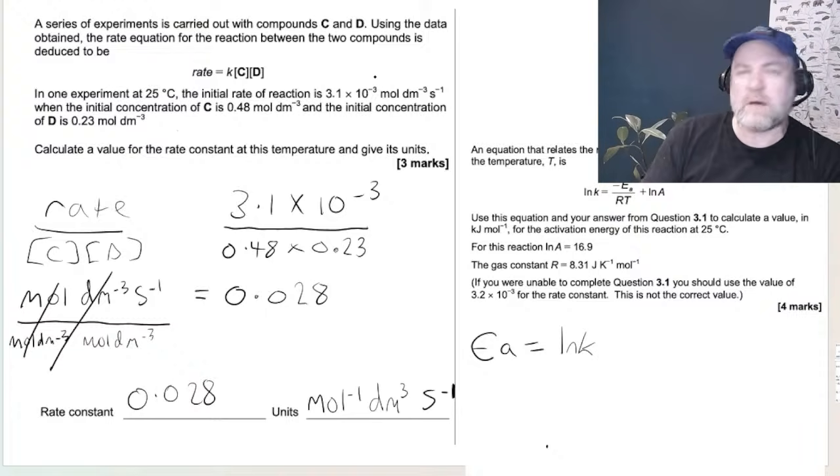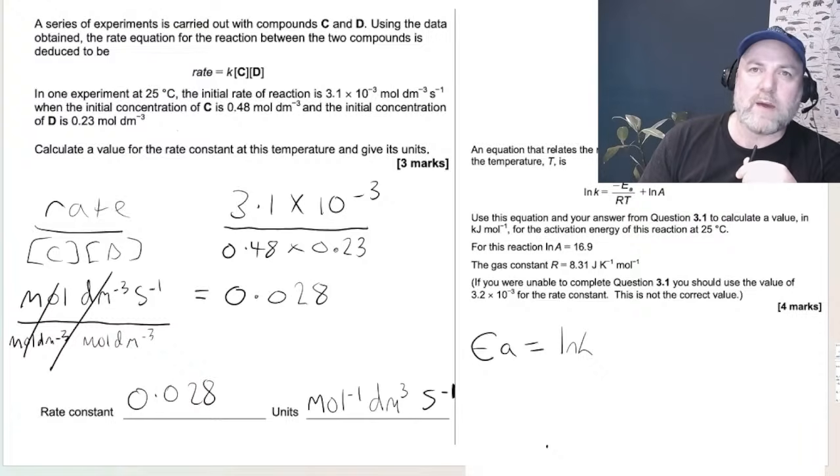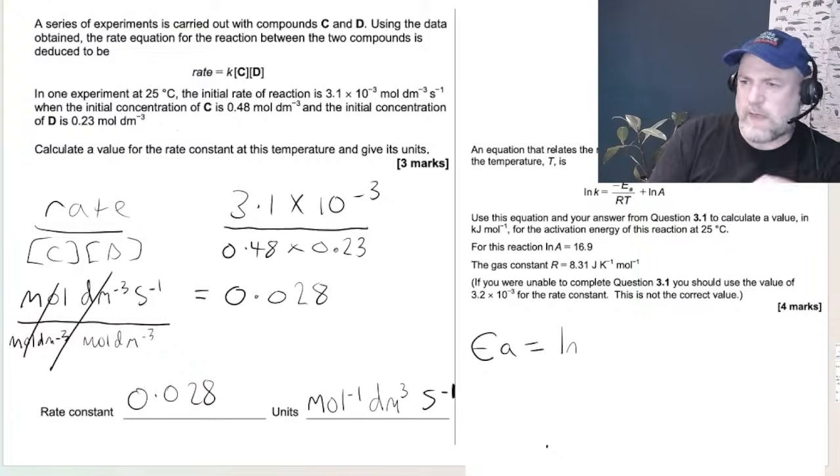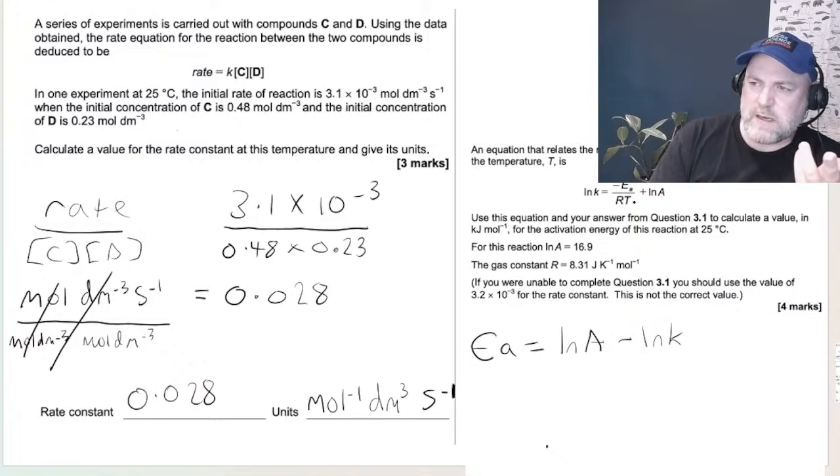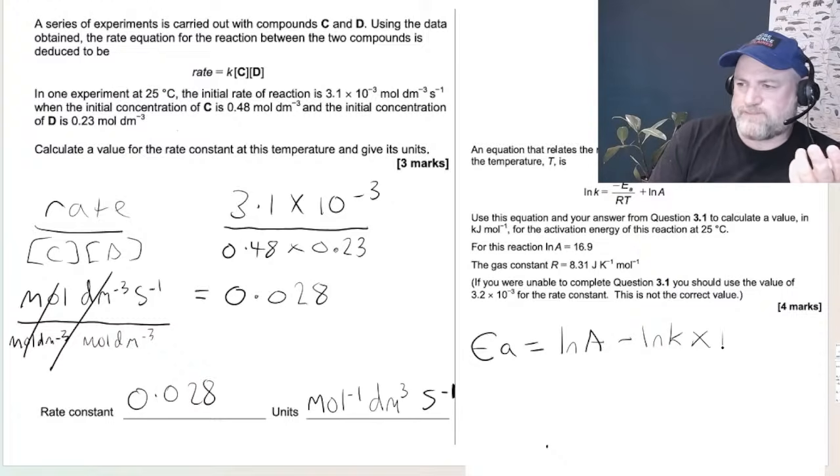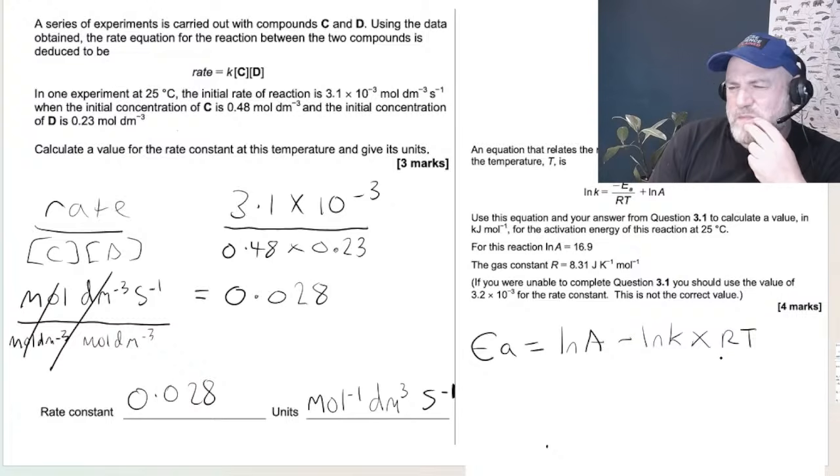It doesn't really matter. If we're going to do it with EA as positive, then you're going to have ln A minus ln K, and of course times RT. What does that equal?